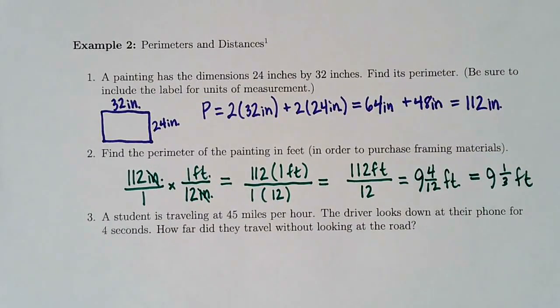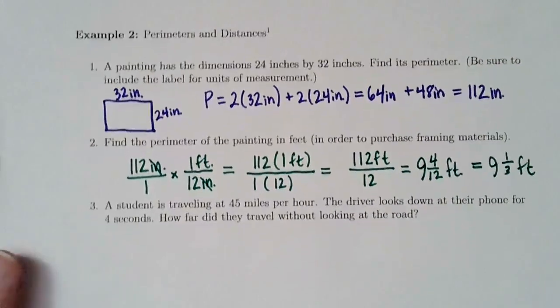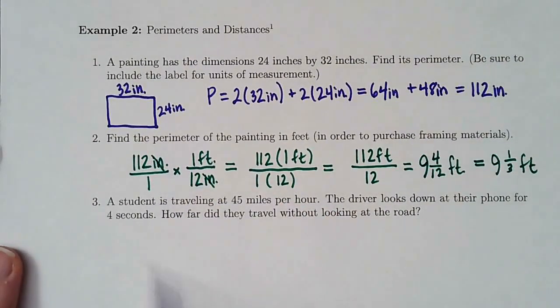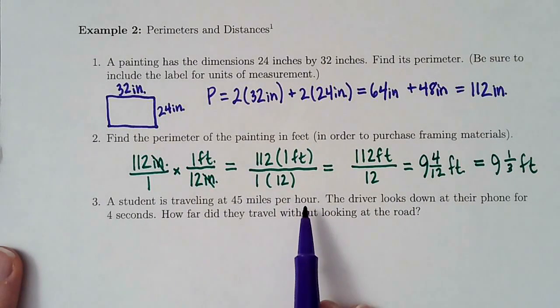Number 3, a student is traveling at 45 miles per hour. The driver looks down at their phone for 4 seconds. How far did they travel without looking at the road? Okay, let's see. First of all, this is in seconds and this is in hours.